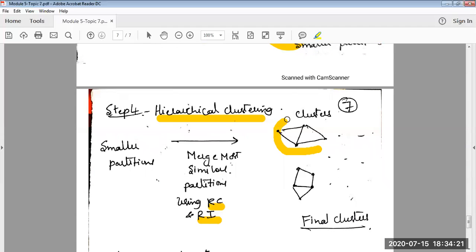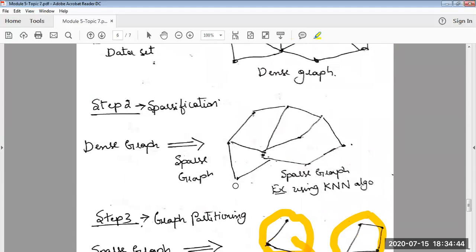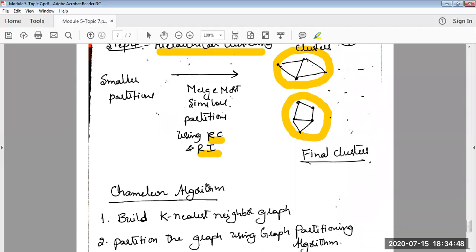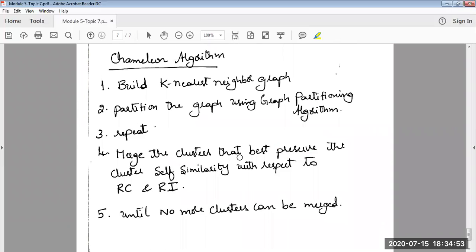So finally, the outcome is you have larger clusters, which have been formed by merging smaller clusters using the Chameleon algorithm, which uses RC and RI. So basically, the Chameleon algorithm has two major phases here: sparsification and graph partition, and the merger.